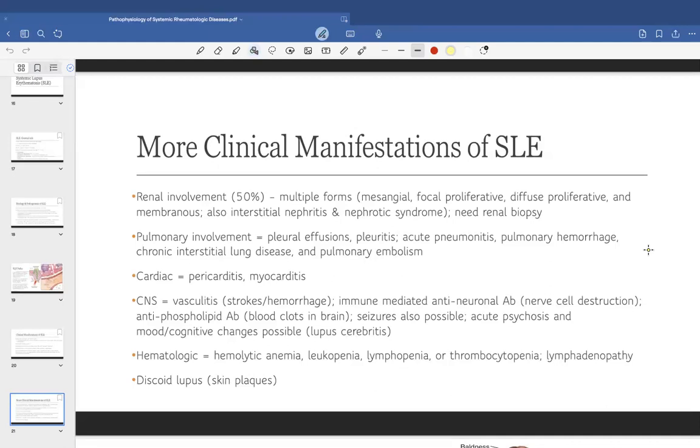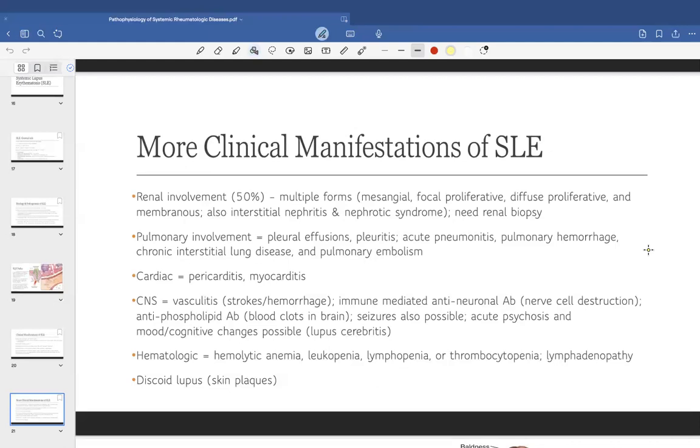Nerve cell destruction can occur as a result of antibody mediated attacks on the neurons. With antiphospholipid antibody, you can have ischemic strokes. Seizures are possible.